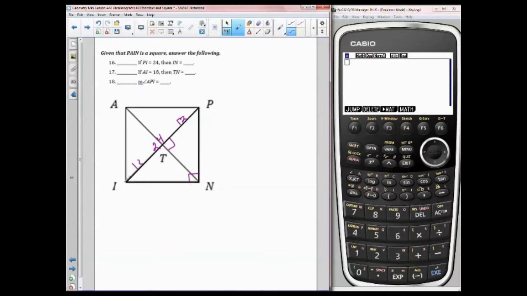This, we're looking for IN. So what we have is the hypotenuse of 24. Let me put it right here. So here's 24, and we're looking for this. I'll call that A, and this is also A, because we have a right angle. So the hypotenuse is A radical 2 as well for our special 45-45, because these are all 45.